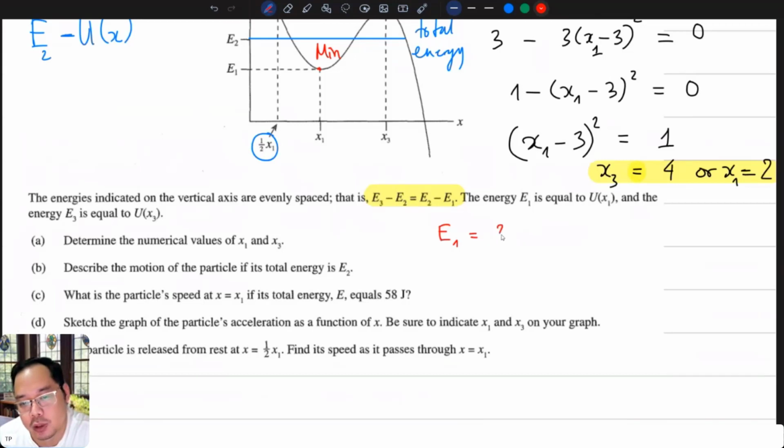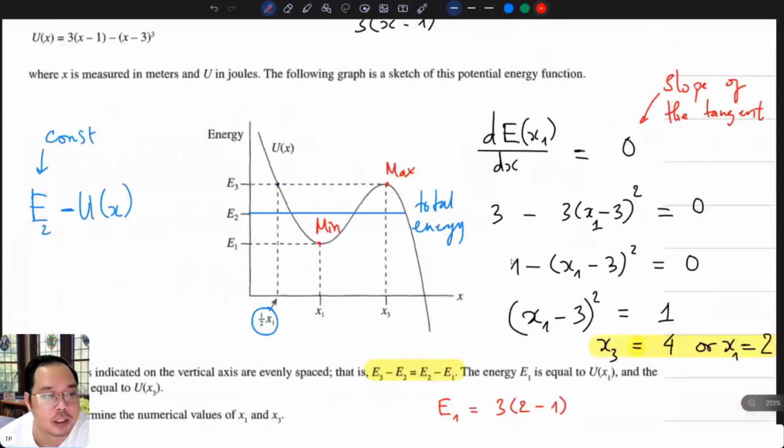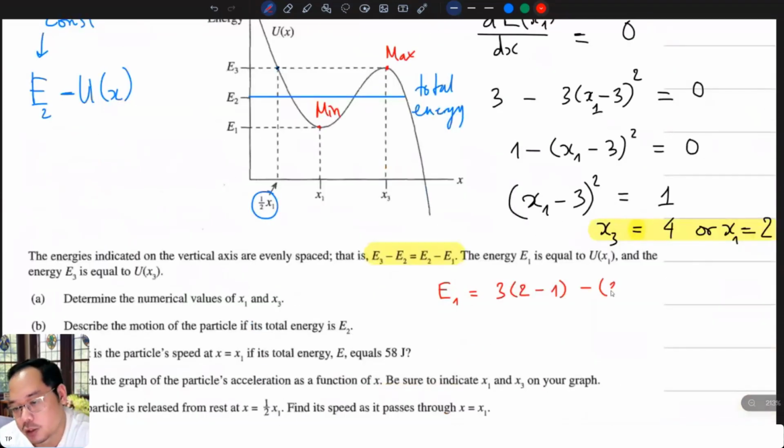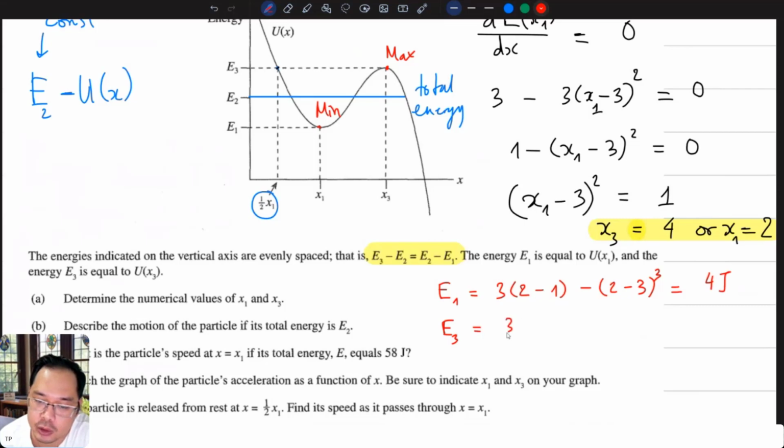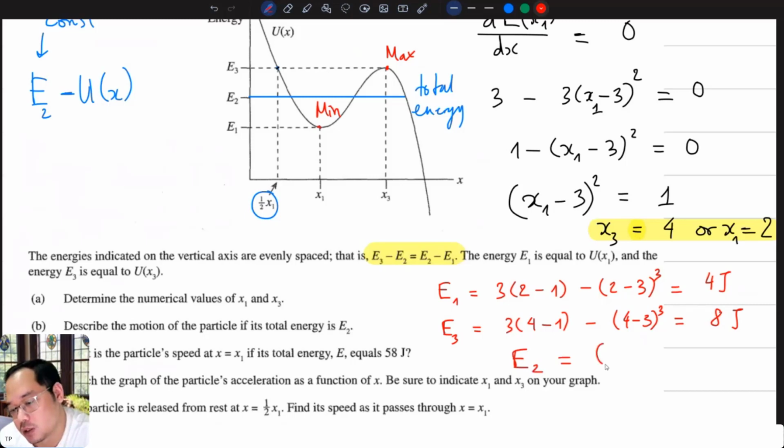E1 is 3 times (2 minus 1) minus (2 minus 3) cubed, which equals the minimum value here on the graph, that is 4 joules. Similarly, E3 is 3 times (4 minus 1) minus (4 minus 3) cubed, which is 8 joules. And therefore E2, which is in the middle, must be 6 joules.